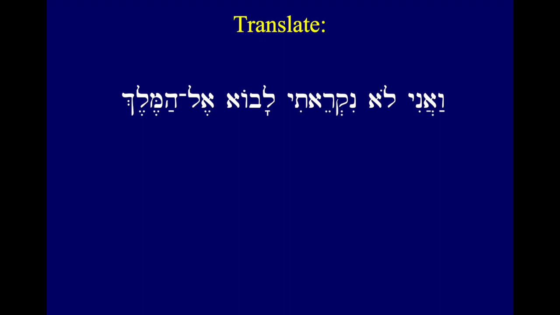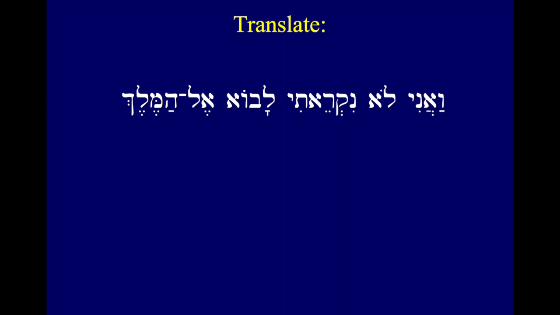So nikreti, you have a noon on the front with a hirek underneath it as a prefix. So you're looking at a Niphal. Remember, that can also be your Qal imperfect first common plural ending, but then you have this T ending. That's a perfect first common singular ending. So you can't have the noon on the front of that and make it an imperfect, right? So this is a perfect.